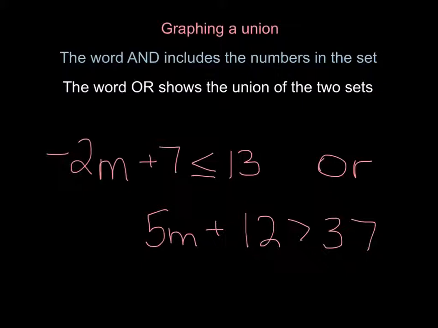So it doesn't necessarily include the overlap, but it kind of includes all the numbers within the set. So let's take a look at this example. It says negative 2m plus 7 is less than or equal to 13, or 5m plus 12 is greater than 37.